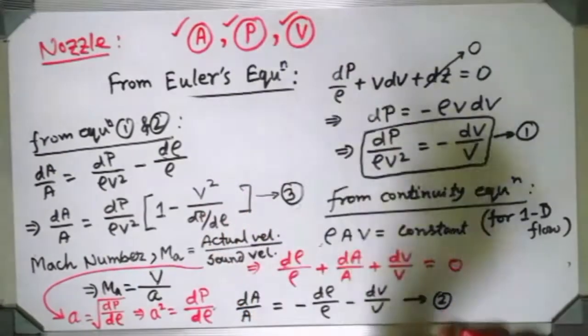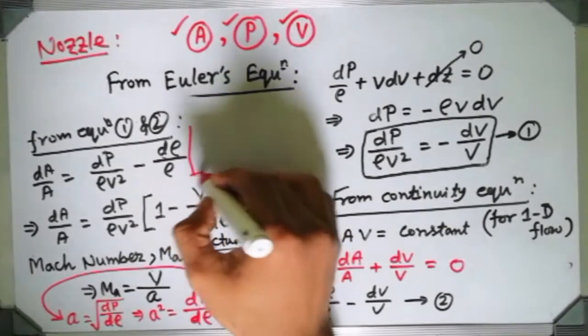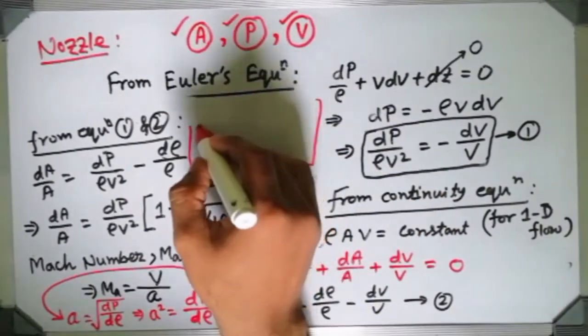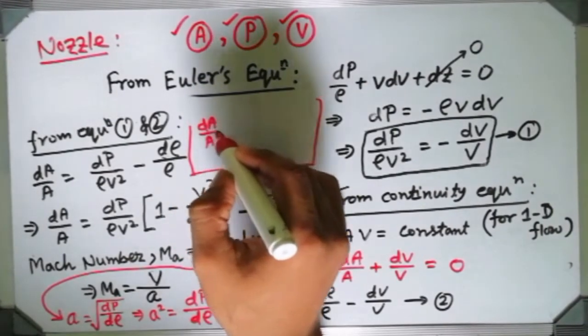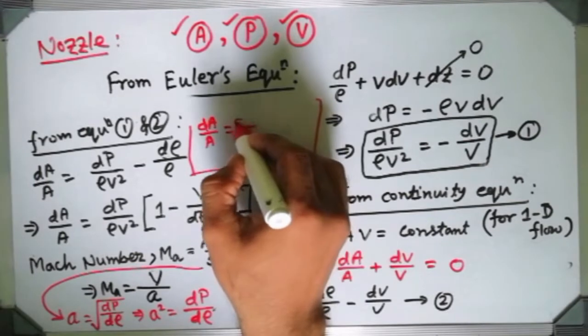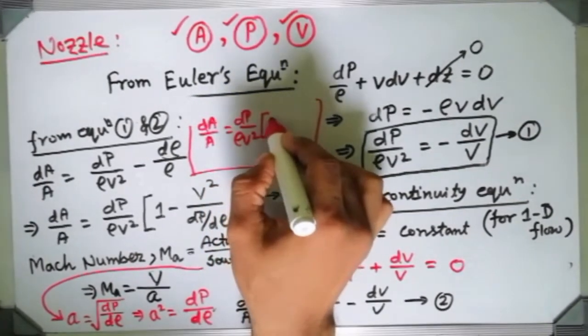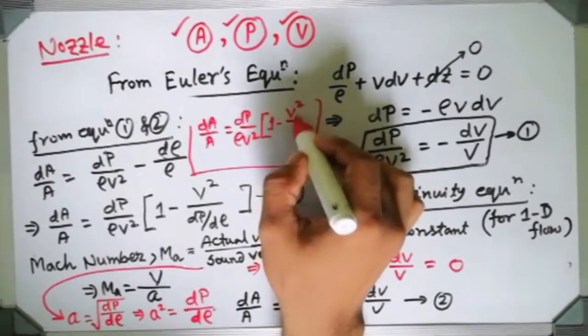where I should write here, this dA by A equation is dp by rho v square, and inside bracket 1 minus v square by a square will be there, isn't it?